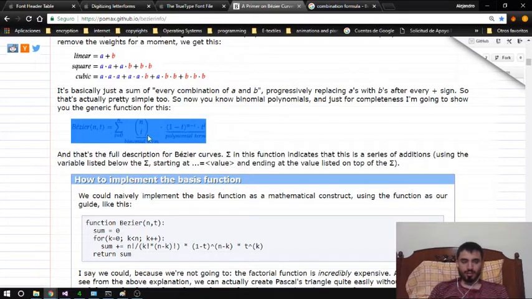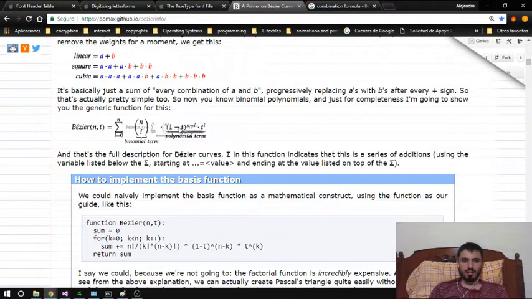So basically the binomial is the coefficient, and this is the (1 minus t) to the n minus i, t to the i.